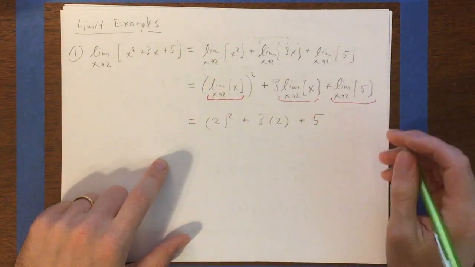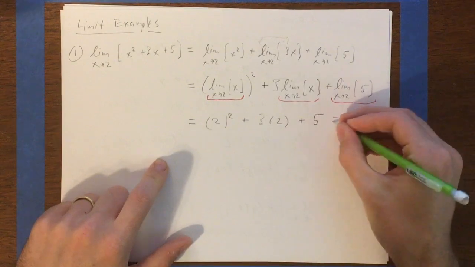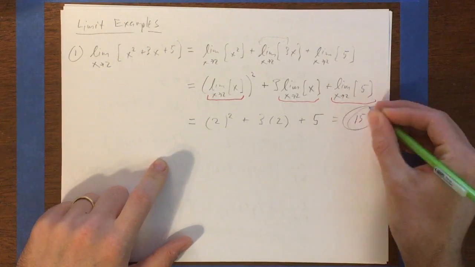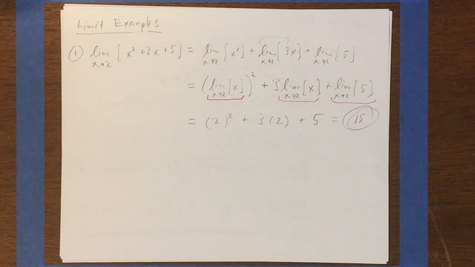And now we can evaluate that. It's going to be 4 plus 6 plus 5. It'll be 15. By the way, this is a much more rigorous approach to evaluating limits than just graphing it and testing some points, or using a numerical approach.